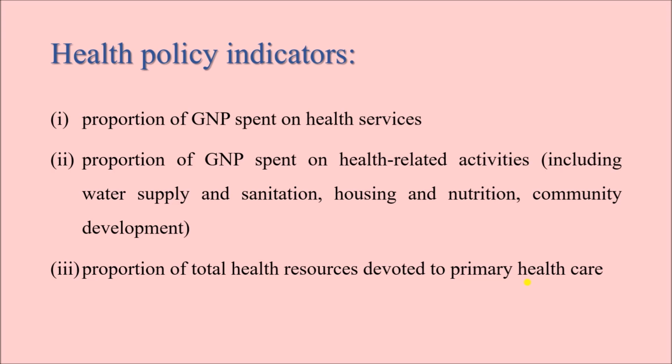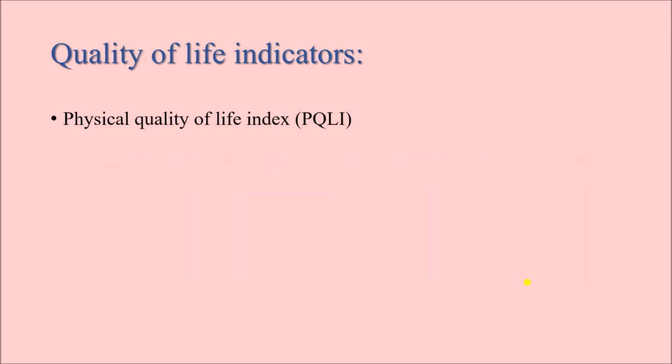Then we have the proportion of total health resources devoted to primary health care. So how many resources are being allocated for the different services provided at the primary health center, that is also another important indicator for different health policies.